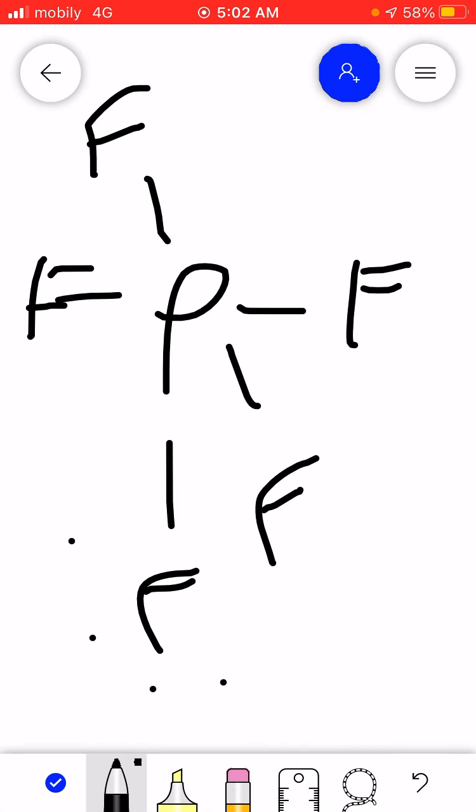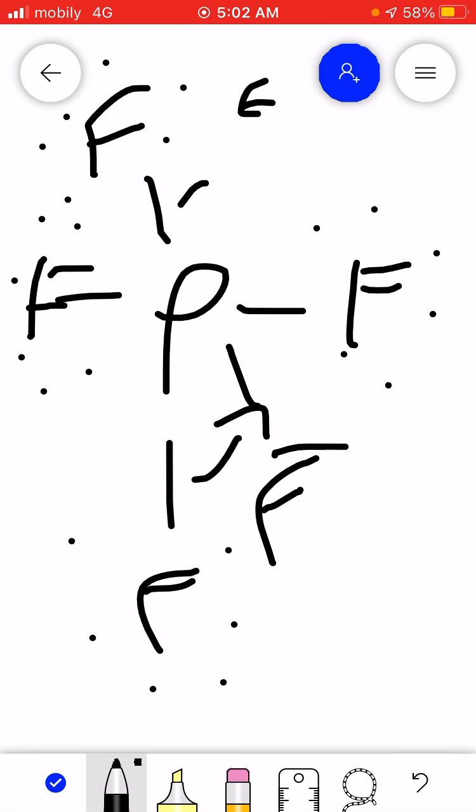I cannot see in here. Anyway, just right here there are 7 electrons total, including the bond. The degree between each is 90 degrees.